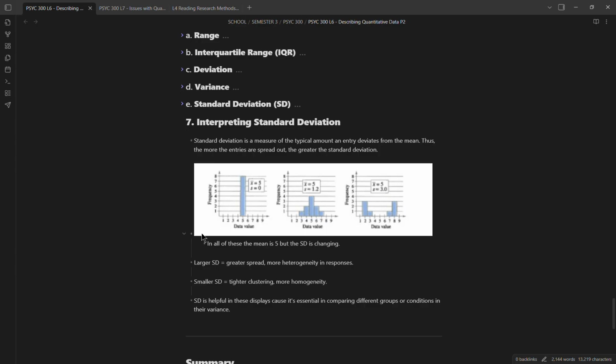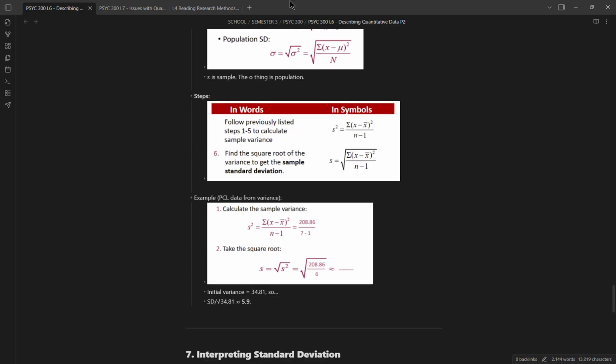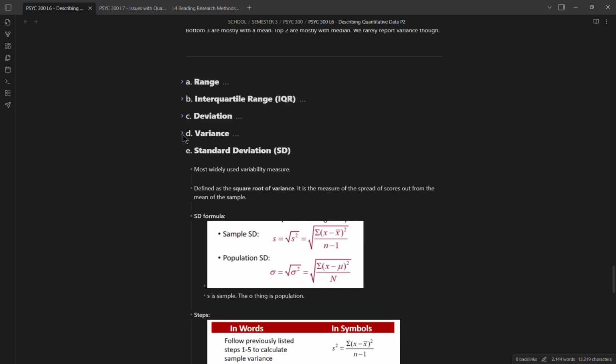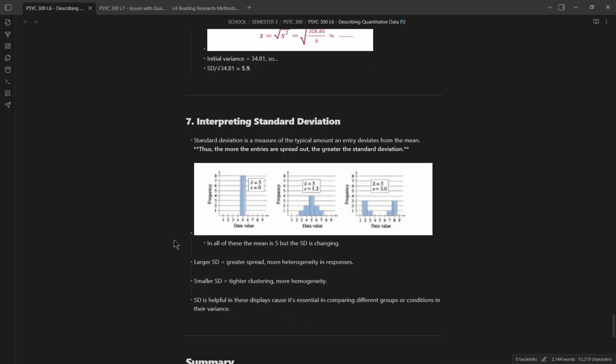One last thing, when it comes to interpreting standard deviation, it is a measure of the typical amount an entry deviates from the mean. Thus, the more the entries are spread out from the mean, the greater the standard deviation. If you look at the screen, we can see a representation of that right there.